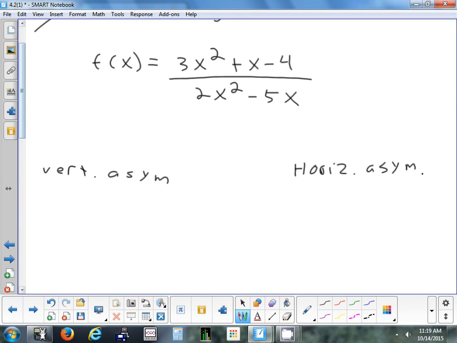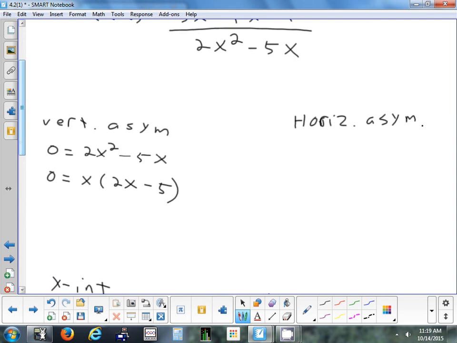Okay, vertical asymptotes. Dave, how do I get my vertical asymptotes? You set the bottom to 0. Perfect. They both have an x, so I'm going to factor that out. And now we have two factors.